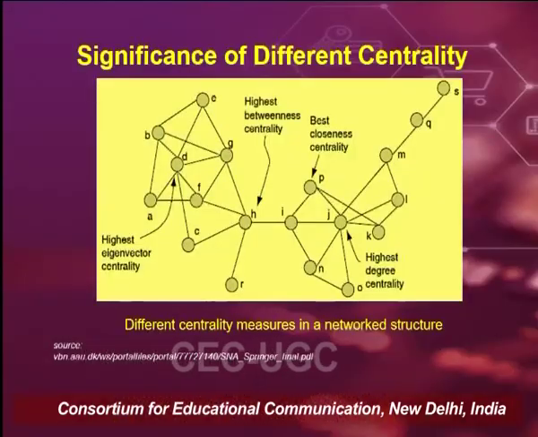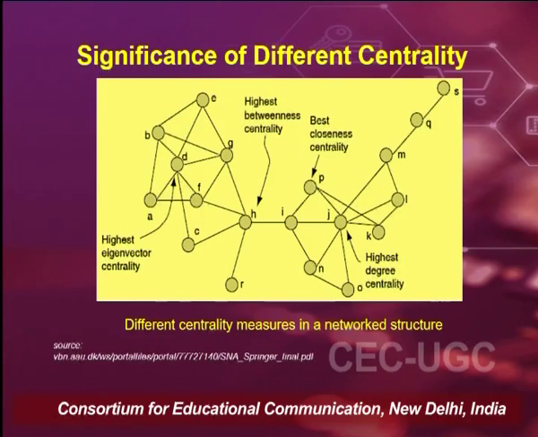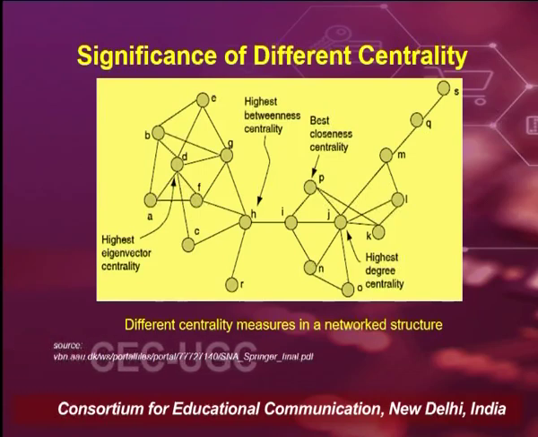And the links are the connectivity or the belongingness between a pair of nodes. On the screen you can see a graph, a connected structure, wherein there are some nodes marked as A, B, C, D and so on, and some links. Each node has its own relevance.